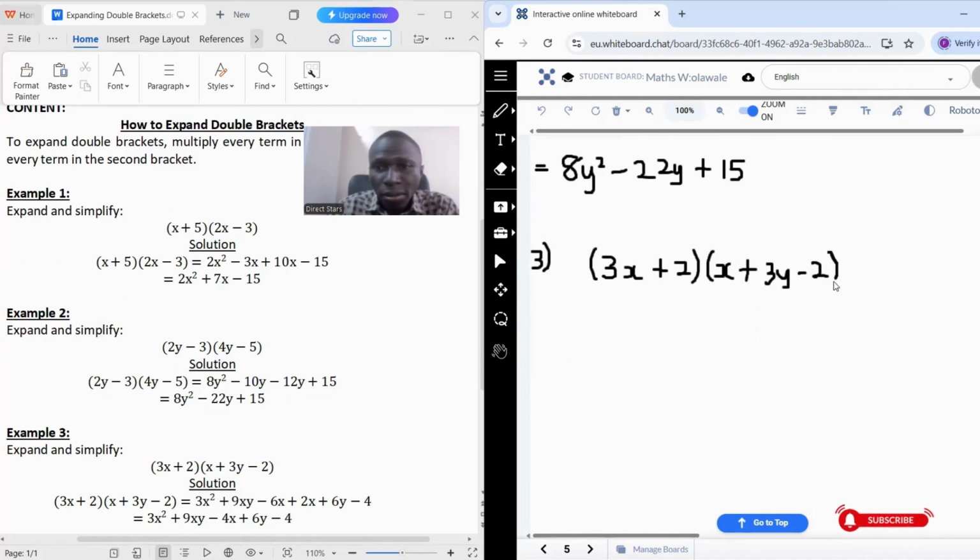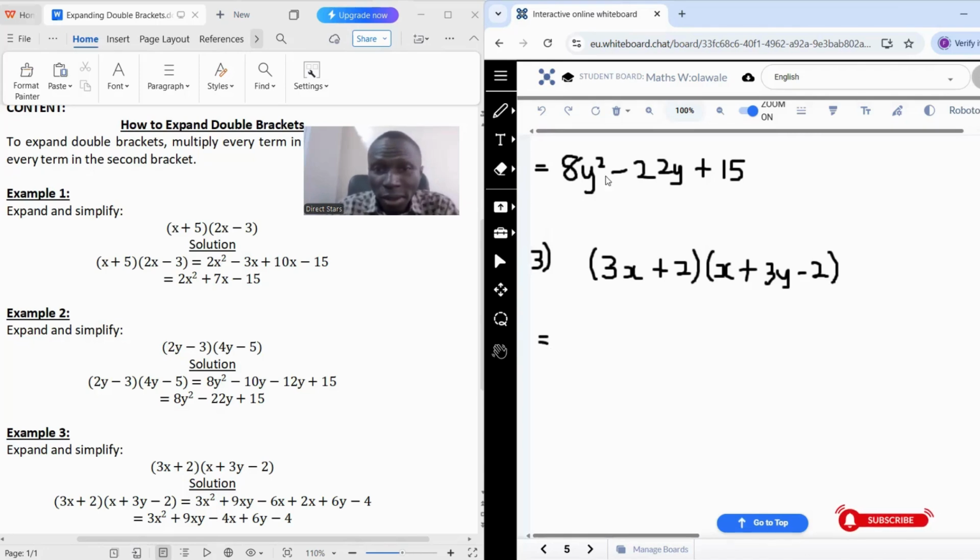If you look at this, it's different from example 1 and example 2. Why? Because in the second bracket, we have 3 terms. So here now, we are still multiplying all the terms in the first bracket with all the terms in the second bracket.